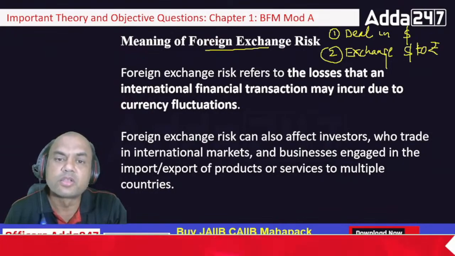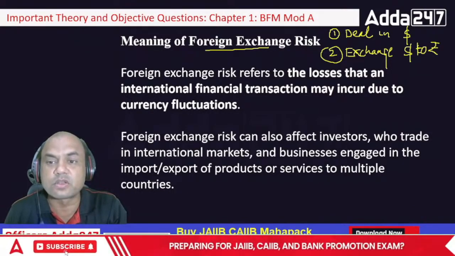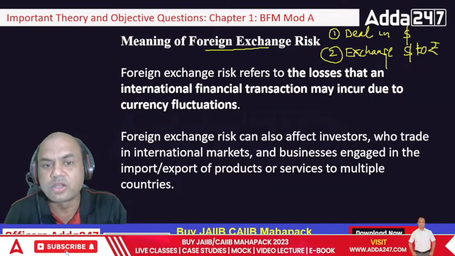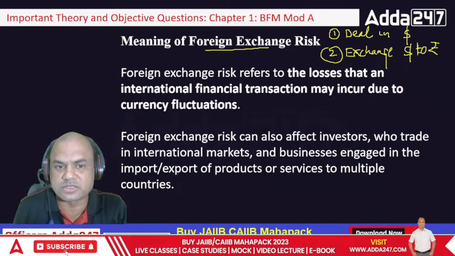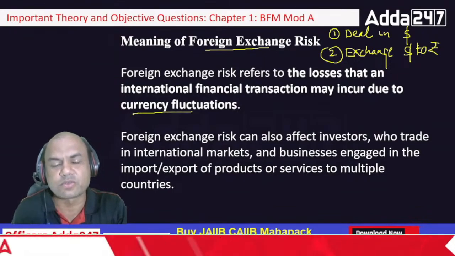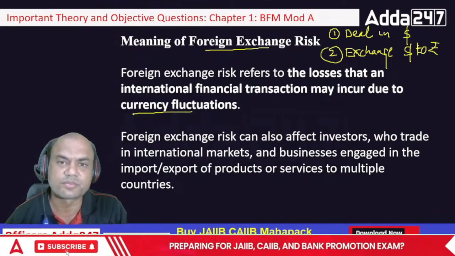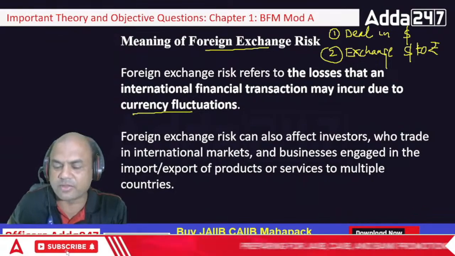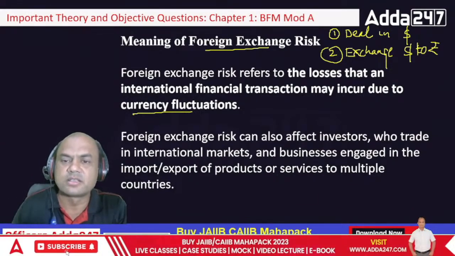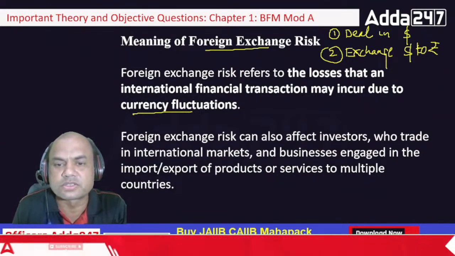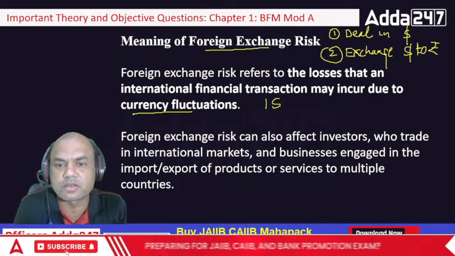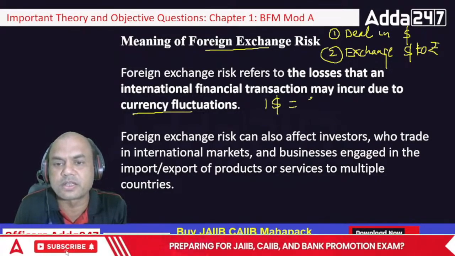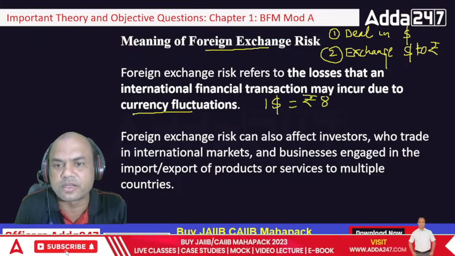So foreign exchange risk refers to the losses that an international financial transaction may incur due to currency fluctuations. What do you mean by these fluctuations? Suppose, let's say, we'll take one example over here. Suppose $1 equals rupees 80 now.